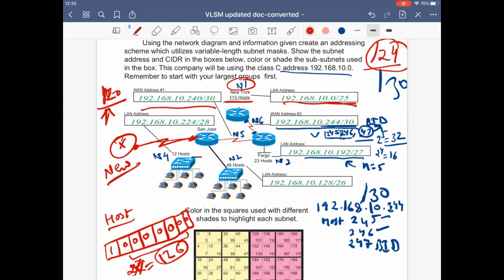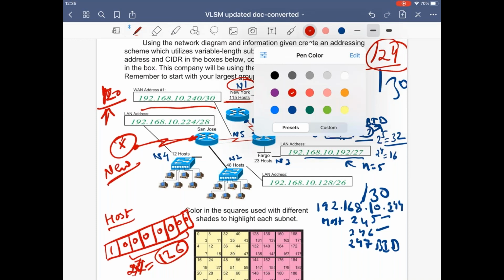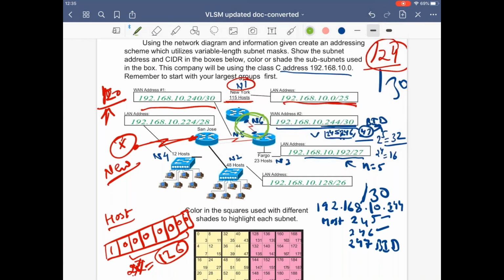Come to VLSM. According to the requirement, the slash value we will change. Between router to router, in N5 and N6, if you use /24, why would we use /24 between router to router, point to point?